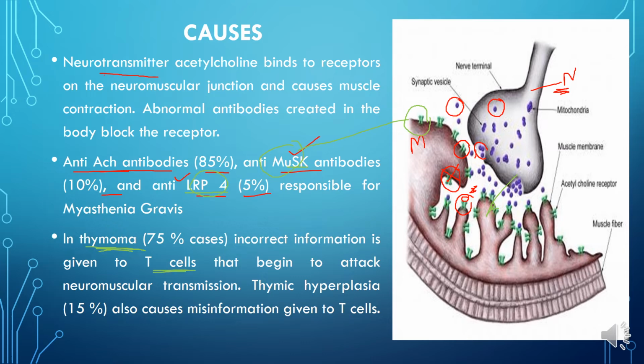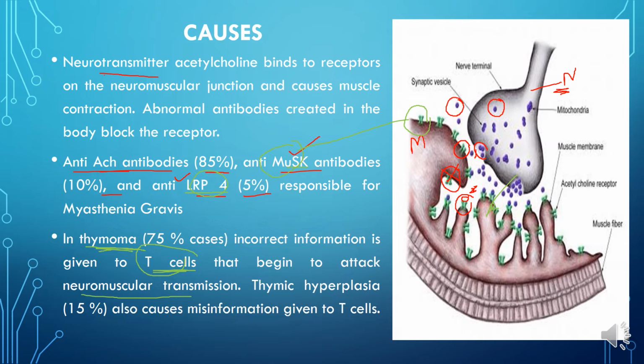We know that during maturation, the T cells are primed in the thymus, and in fact if there is an anomaly, then T cells start to produce antibodies that attack the neuromuscular junction in our body.